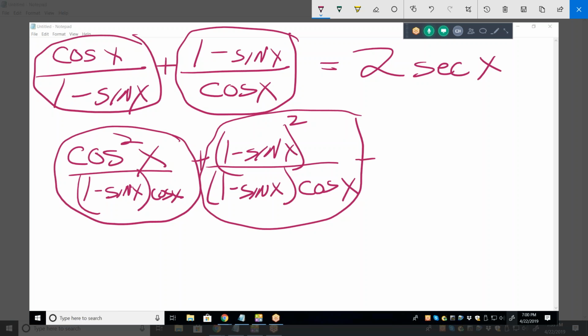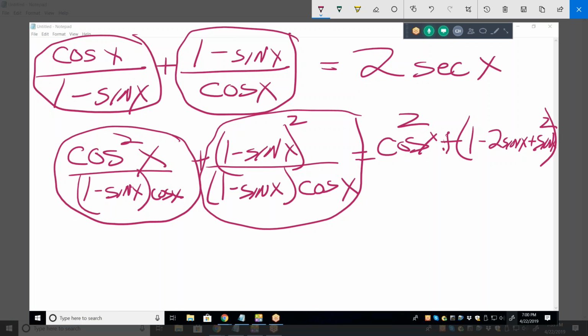So it would be 1 minus 2 sine x plus sine squared x. In other words, you're expanding 1 minus sine x, all squared.